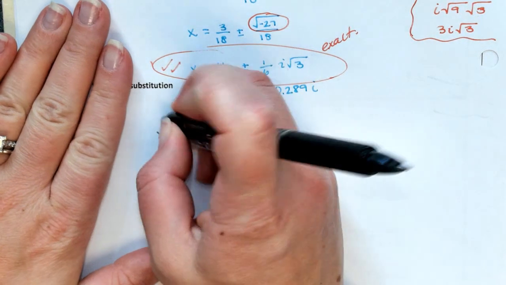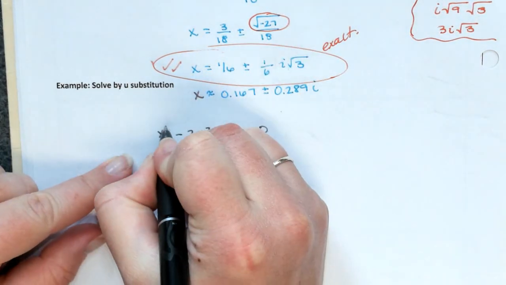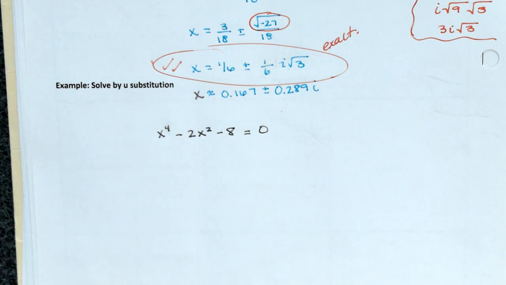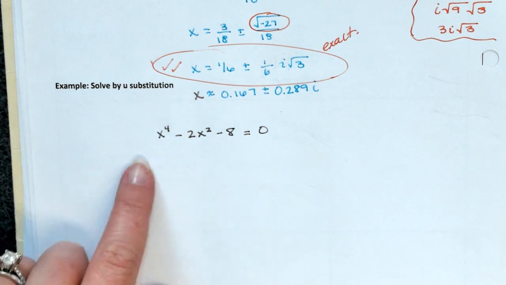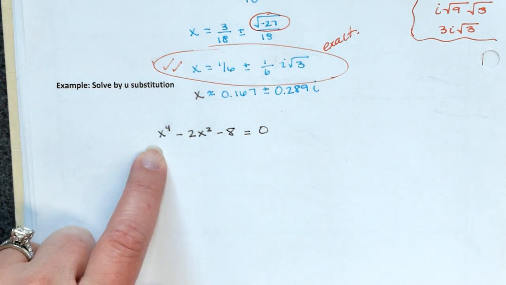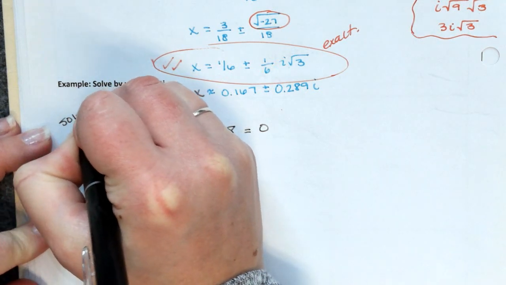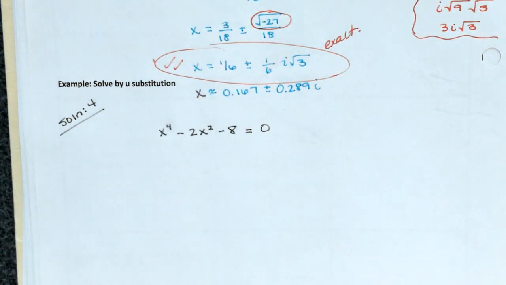Oops, that's supposed to be x to the 4th. Sorry, I was jumping the gun. x to the 4th minus 2x squared minus 8. So it looks like a quadratic, but it's not because it's to the 4th degree. How many solutions will I have? 4. Always look at that and identify right at the beginning.